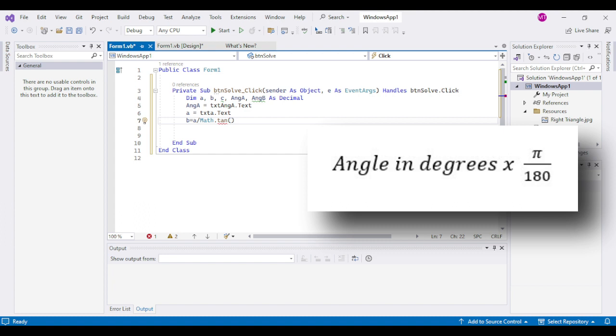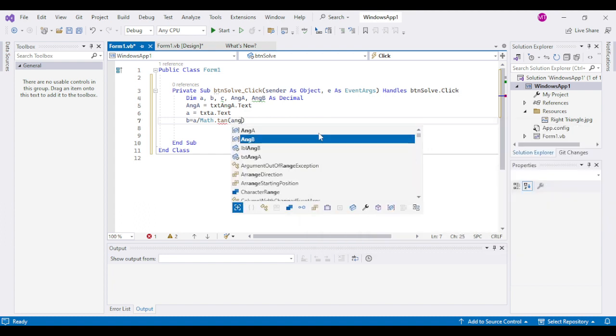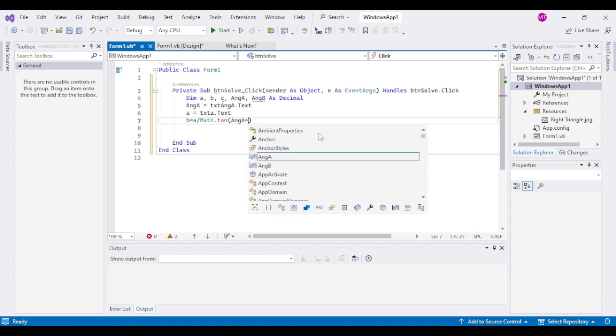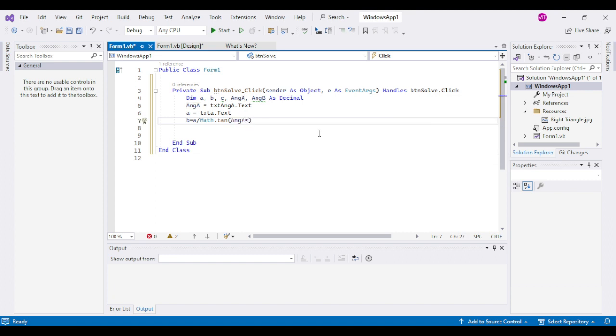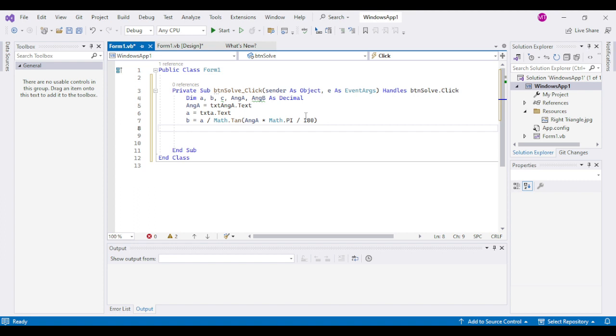So take the angle A, ang A, then multiply it by Math.PI over 180. There's our conversion from degrees to radians. Since our angle is in degrees and we have 180 here, the units will cancel, then we have radians left. So that's our formula for B.